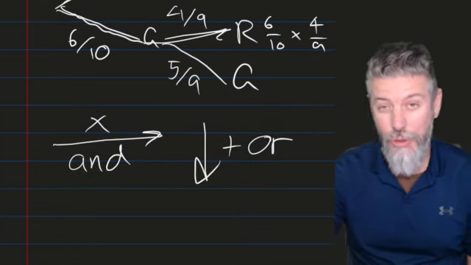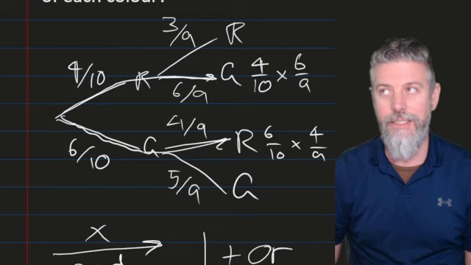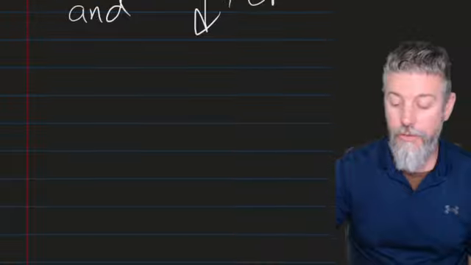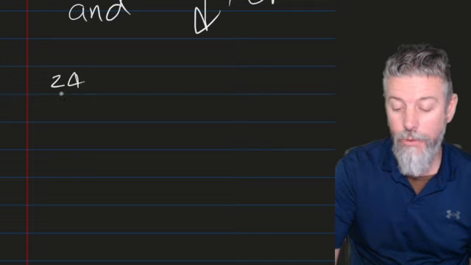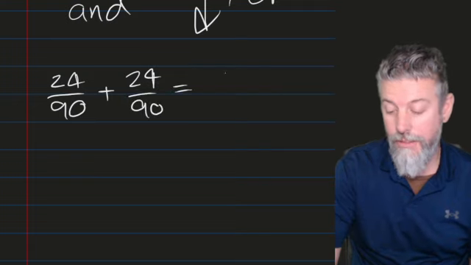So we could just do 2 lots of them, but we don't want to get confused with what timesing means in terms of "and" and what adding means in terms of "or". So let's go and add these together because it's an "or". So we have 24 out of 90 plus 24 out of 90, and we get 48 out of 90.